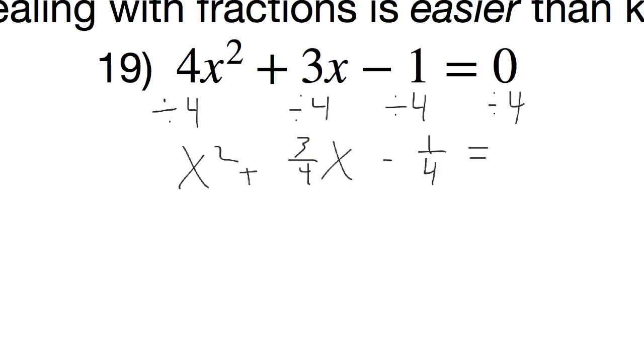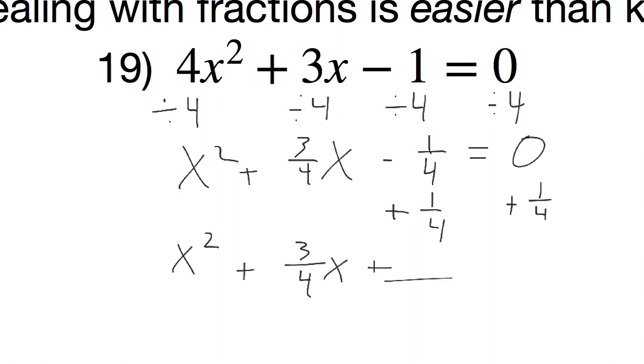Gosh, fractions are everywhere. That's okay, we can deal with it. Adding the 1/4 to both sides, we get 1/4 plus 1/4. And then we get x squared plus 3/4 x plus a little space. We get 1/4. And then 3/4 divided by 2 is 3/8.